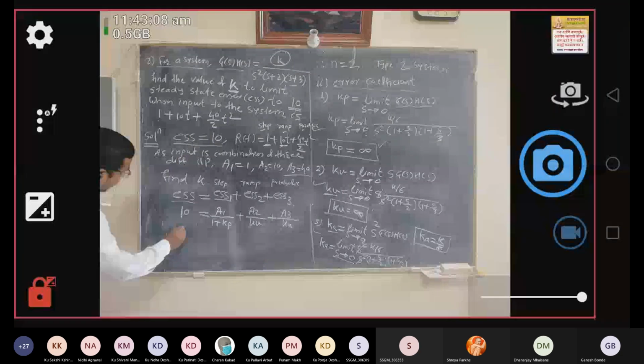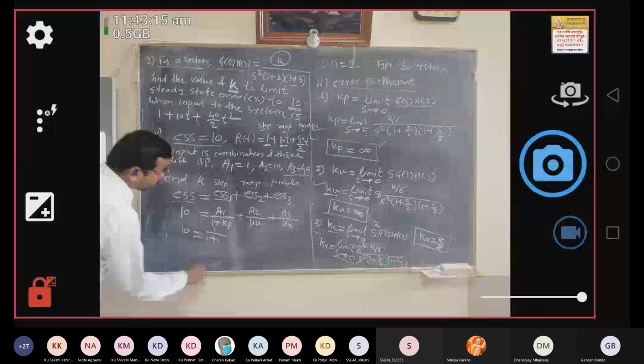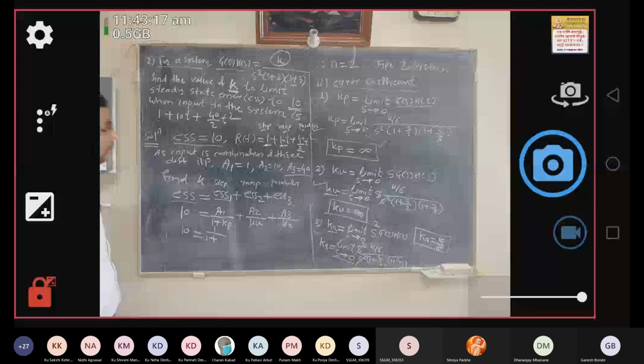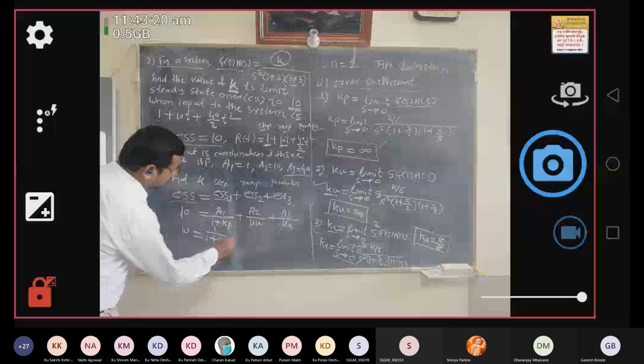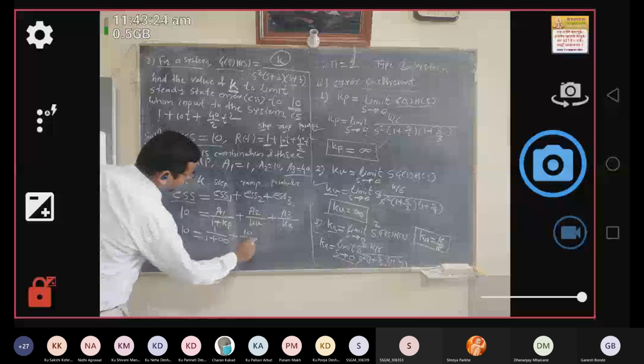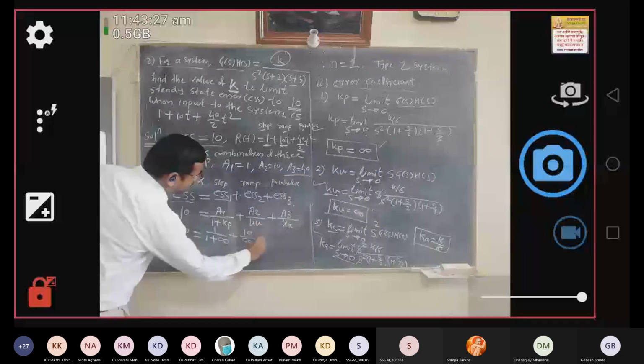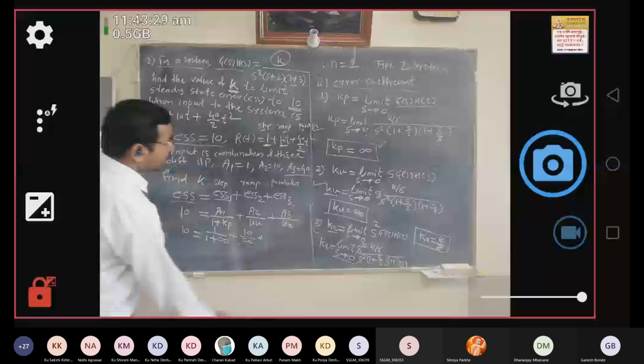So here we are getting 10 equal to, what is the value of A1? It is 1. So here is 1 upon 1 plus what is the value of Kp? Kp is infinity, plus A2 is again 10. So here is 10, Kv value is infinity. So 10 by infinity plus A3 value is 40.